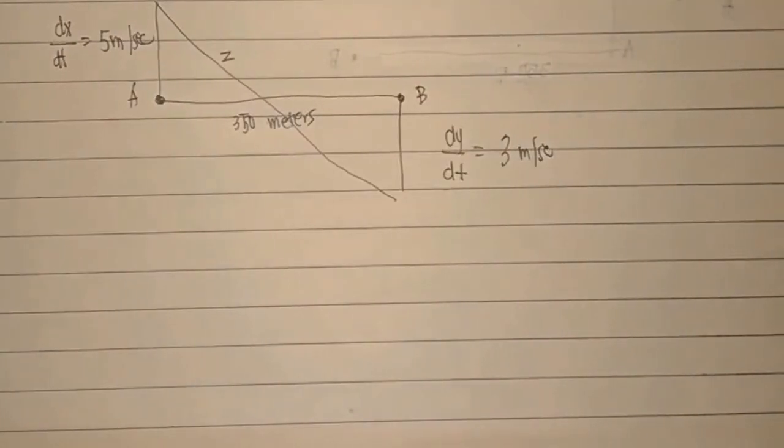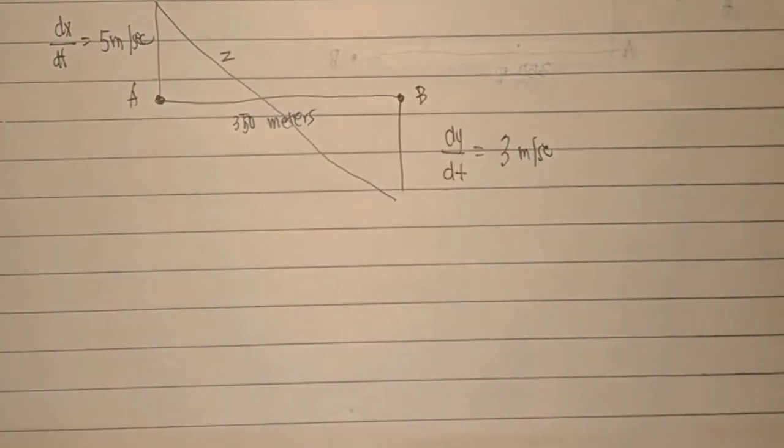We want to know dz over dt after person A had been riding for 25 minutes and person B has been riding for 18 minutes. 18 minutes because 25 minutes minus 7 minutes equals 18 minutes.